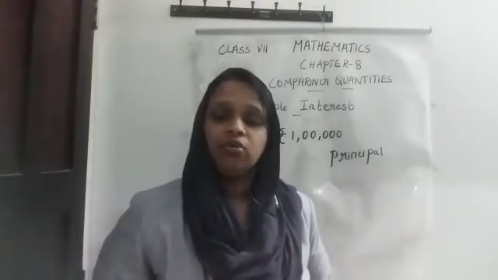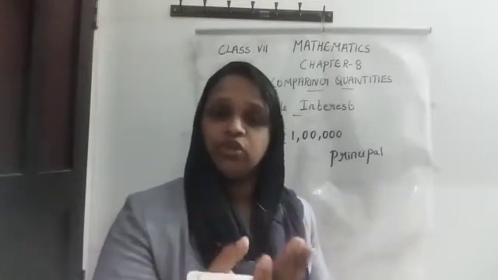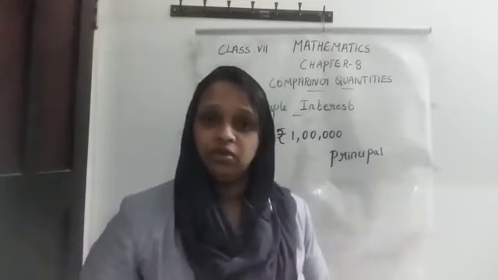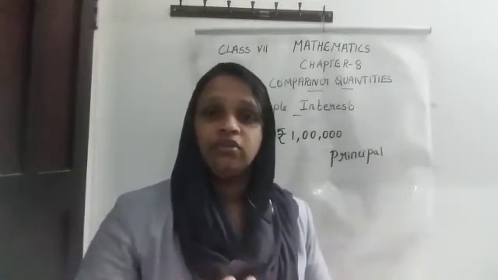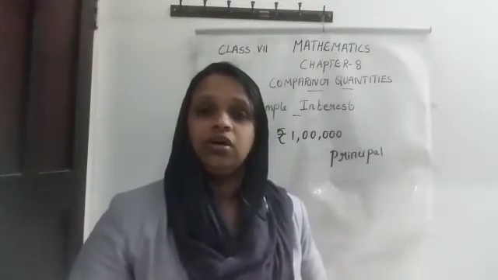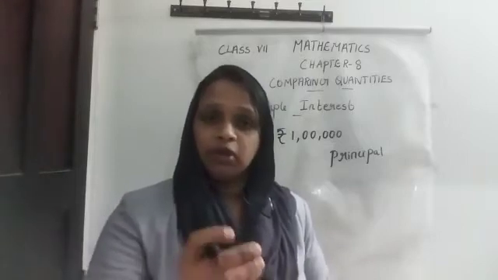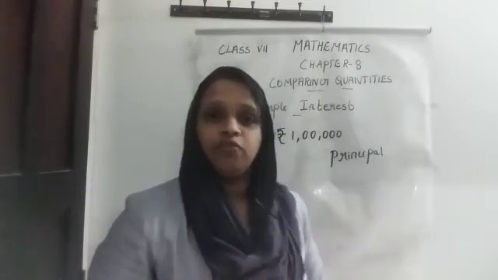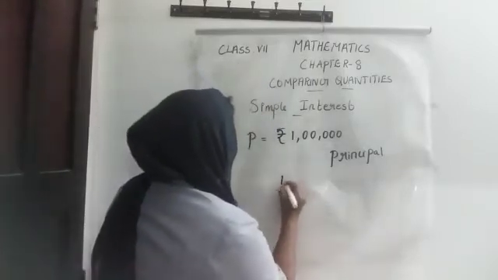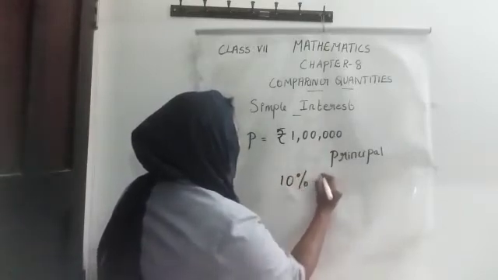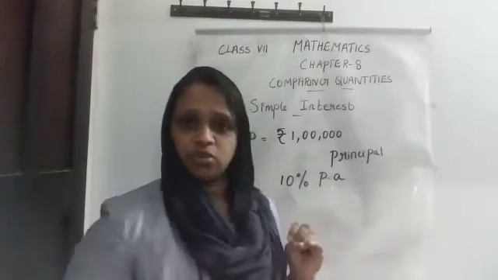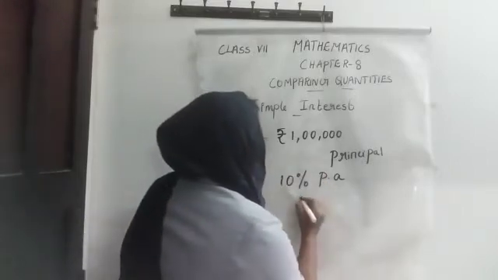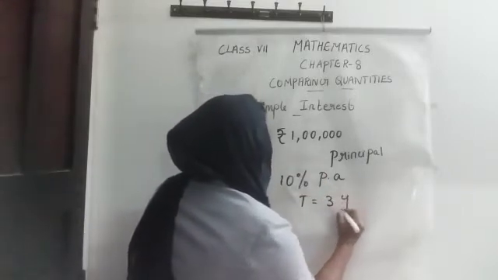Now you are going to the bank to take the bike loan, and the bank says that for taking this loan you have to pay an interest of 10% per annum, and the time duration is also given, that is 3 years.